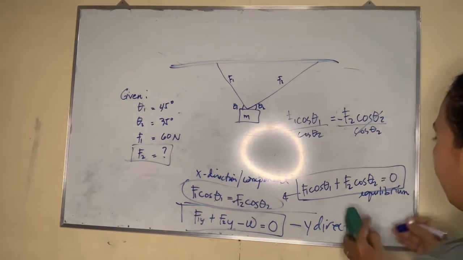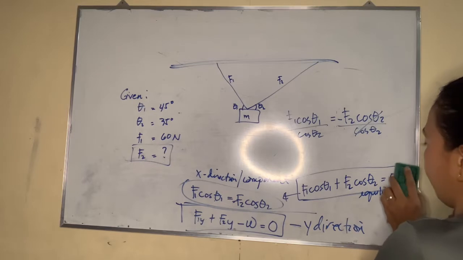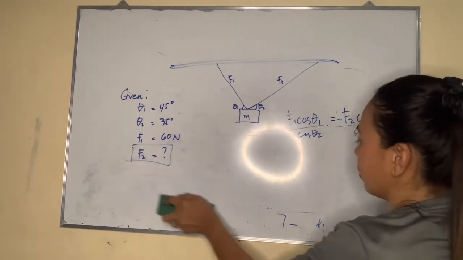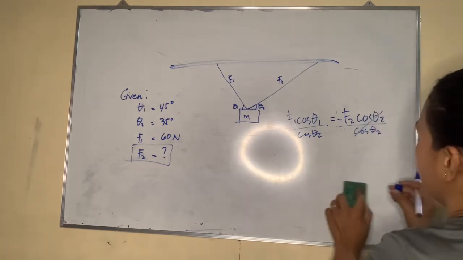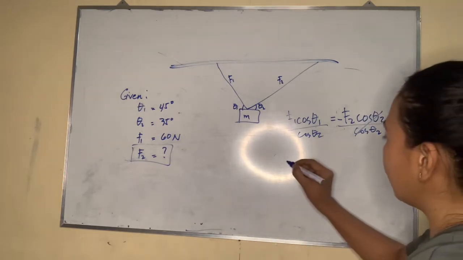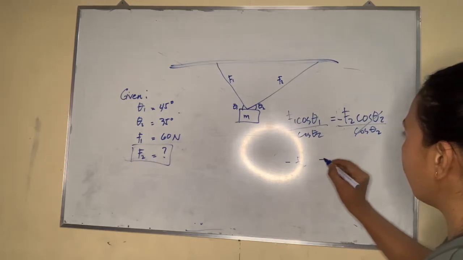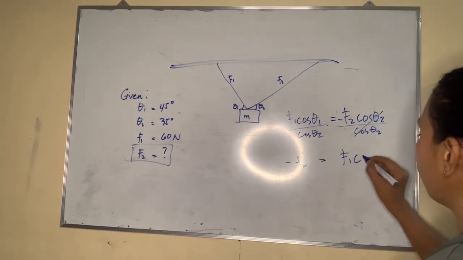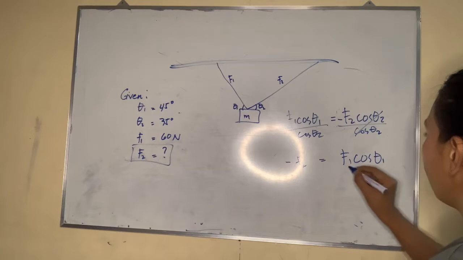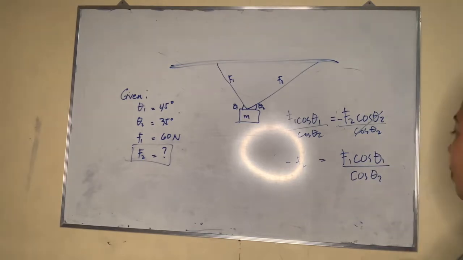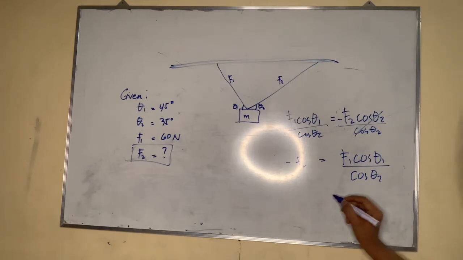Okay, so what remains is negative F2 equals F1 cosine theta 1 divided by cosine theta 2.